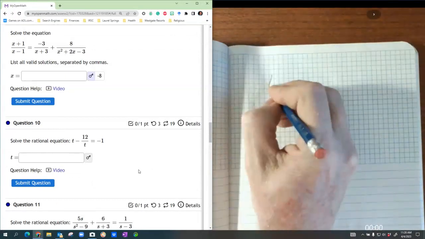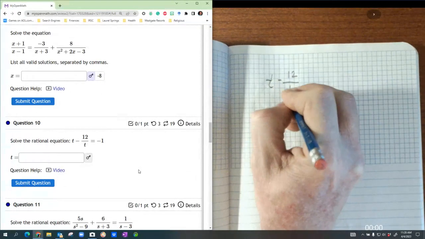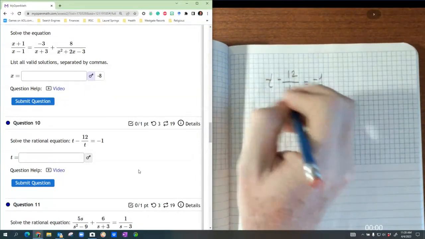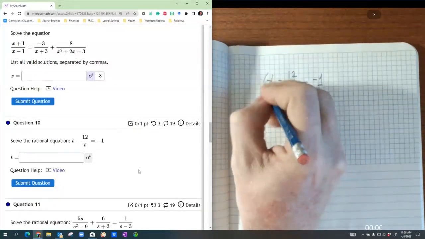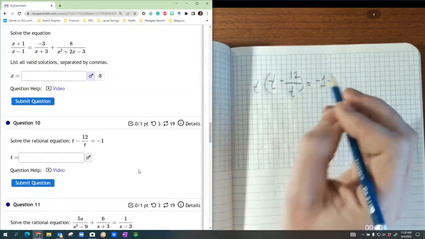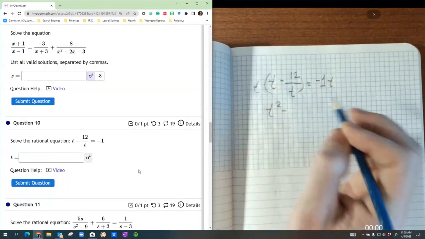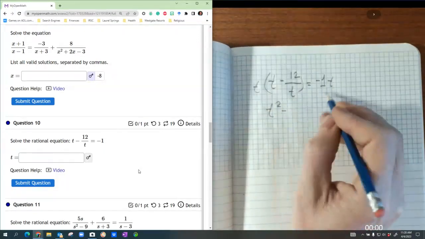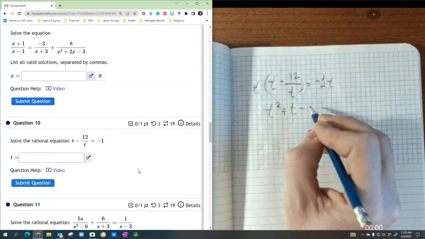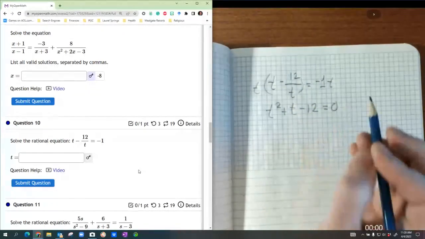Now we have t. We're going to multiply both sides by t to wipe out the t. That leaves us with t squared minus 12. I'm going to bring the one t that's negative over, making it positive t, minus 12 equals 0.